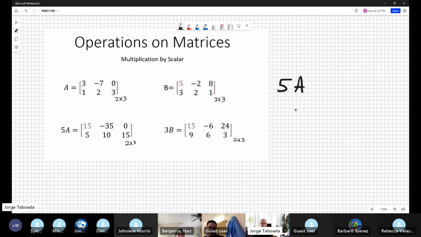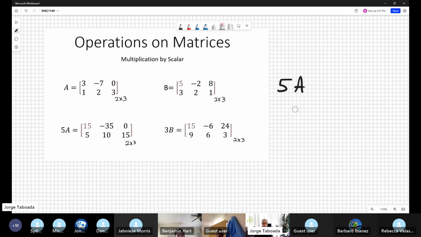Notice, when you multiply the matrix A by 5, every entry you multiply by 5. 3 times 5 is 15. Minus 7 times 5 is minus 35. 0 times 5 is 0. 1 times 5 is 5. 2 times 5 is 10. And 3 times 5 is 15. It's super easy. But important.